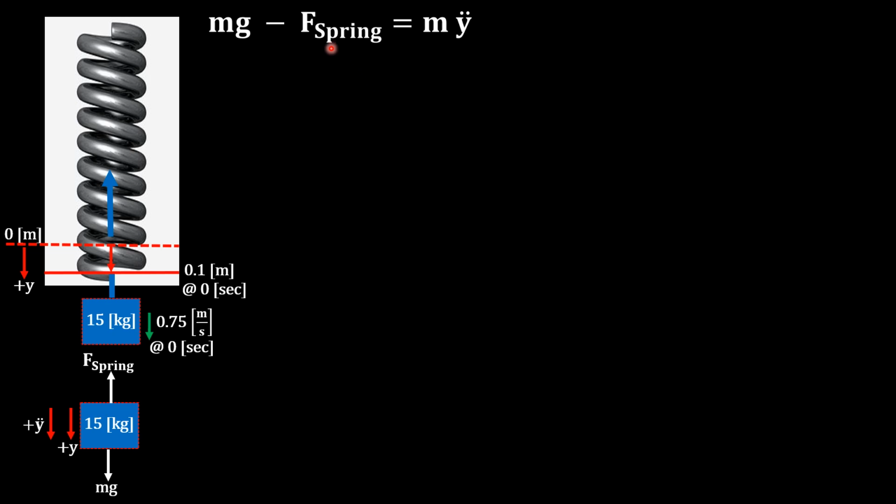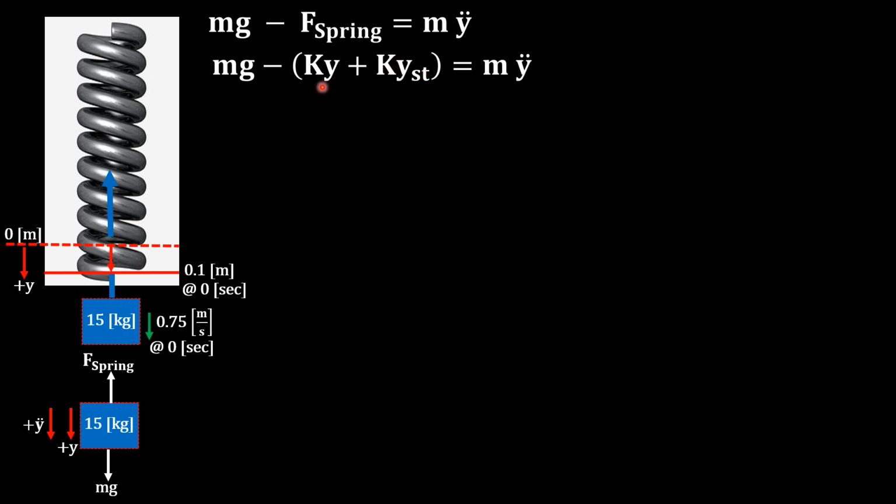And remember, the force of the spring is the spring stiffness times the total amount the spring got stretched. So mass times gravity minus k times y plus k times y stretch equal to mass times acceleration.